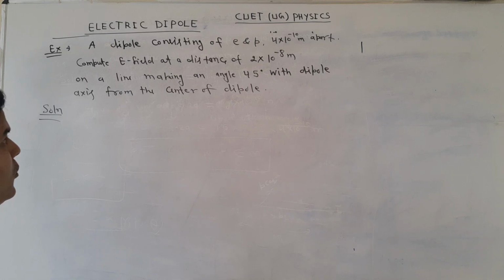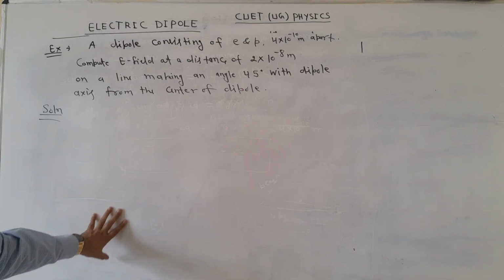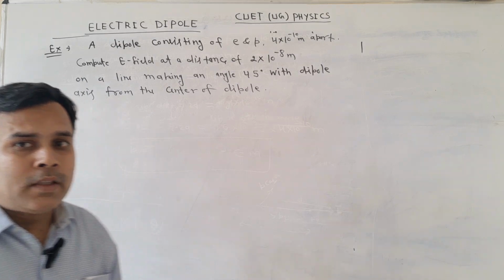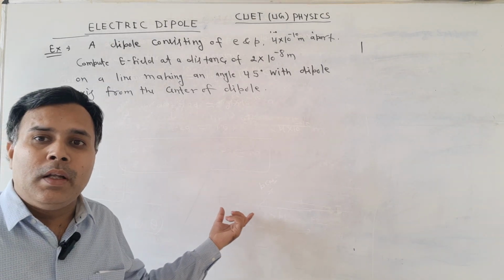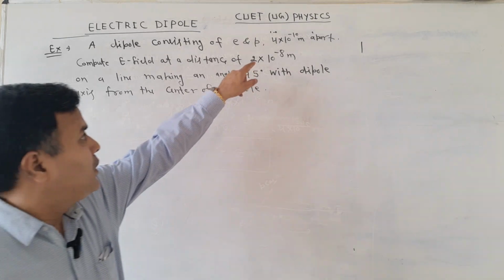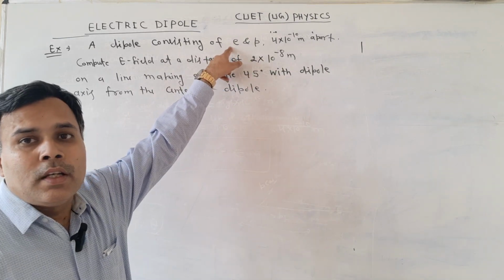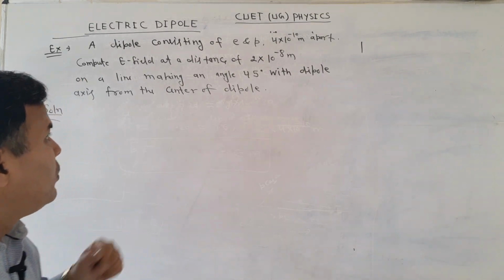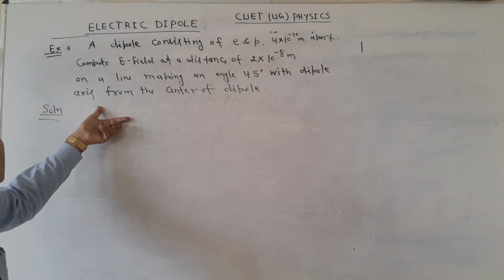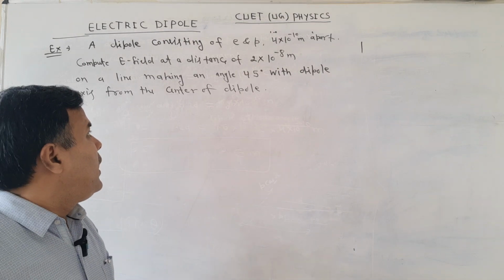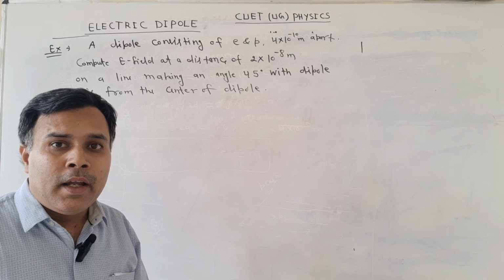So what we have to do: we have information about charge and about separation distance. In the earlier example, we already solved the dipole moment with the help of the separation distance and charge. Charge on electron and proton is 1.6 into 10 to the power minus 19 coulomb. In this example, we have to find the electric field due to a dipole at an angle.